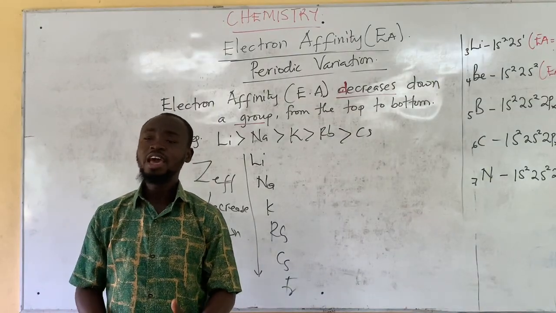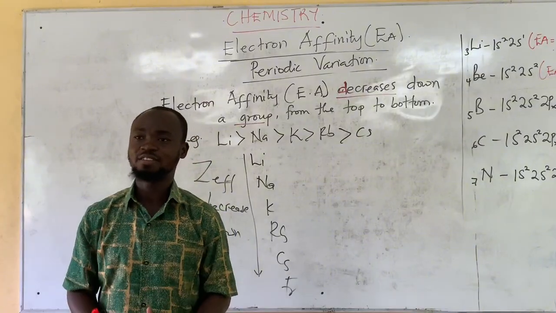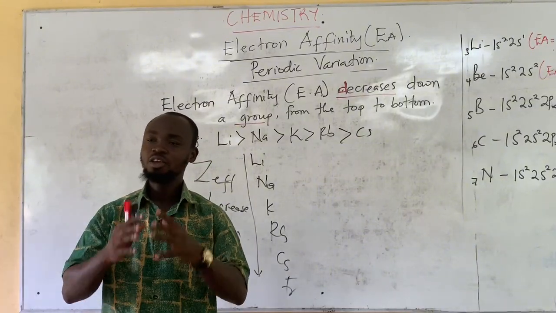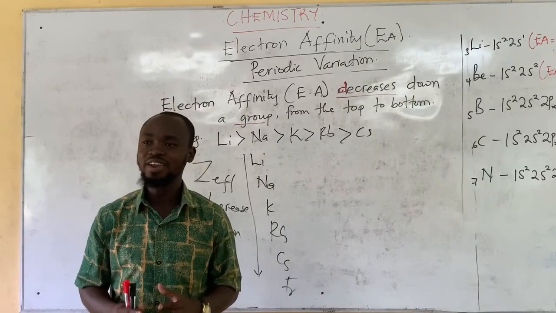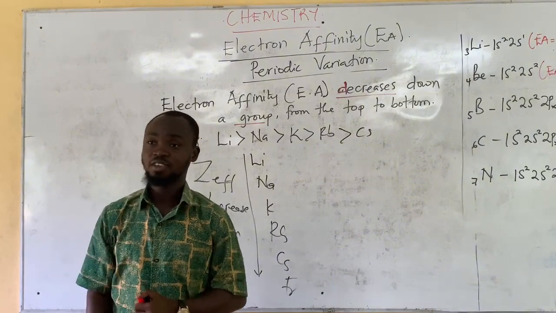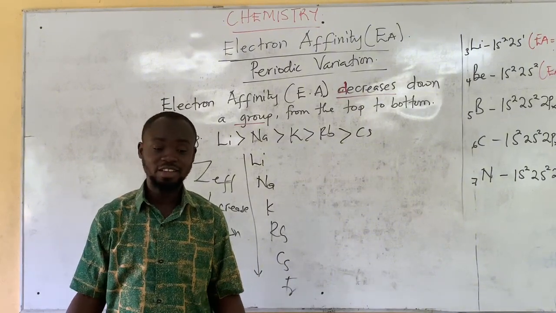Is that okay? And based on that, electron affinity decreases down the group due to a decrease in nuclear attraction for electrons. Is that okay? That is a generalization.